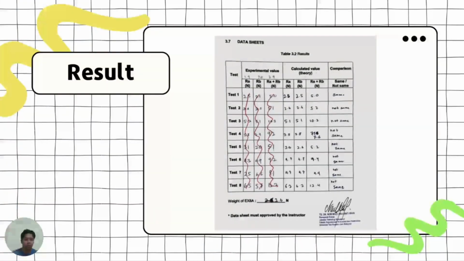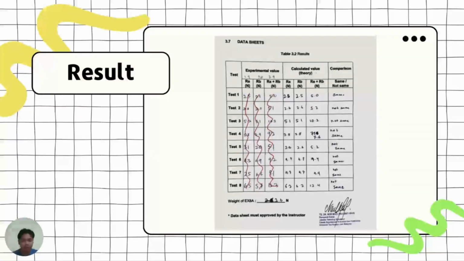Okay. So for the results, we can see this table. From the table, it shows two results, which are the experimental value and the calculated value. The experimental value we get by taking the reading from the spring balance, and for the calculated value, we use the formula given in the lab sheet.